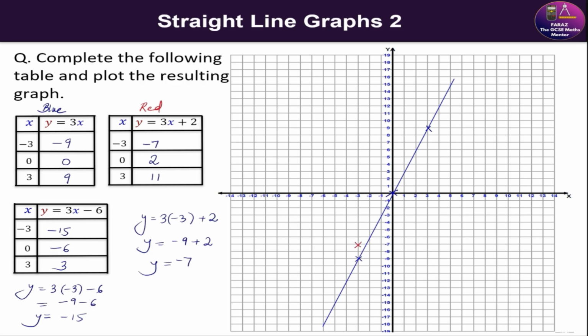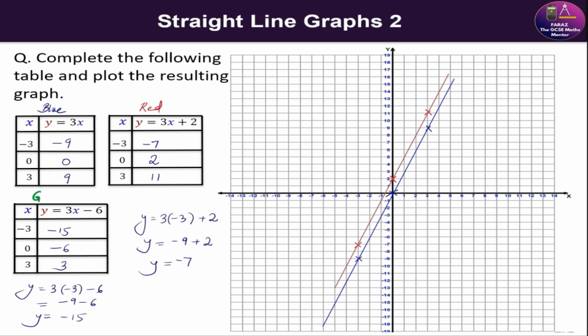Then we have 0 comma 2. x is 0 at the center, and from 0 we have to move up 2 units like this, and 3 comma 11. From 3 we have to move up till 11 there. Alright, now if we join these coordinates together with a line, this red line is y equals 3x plus 2.